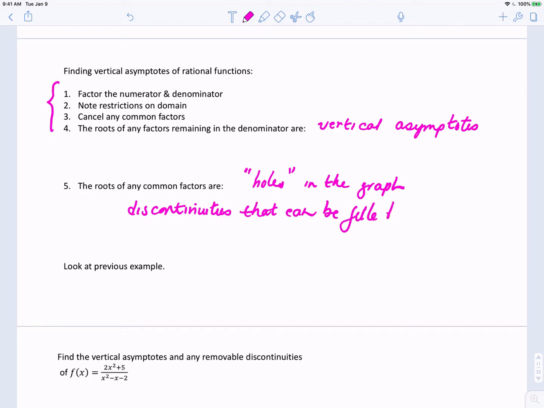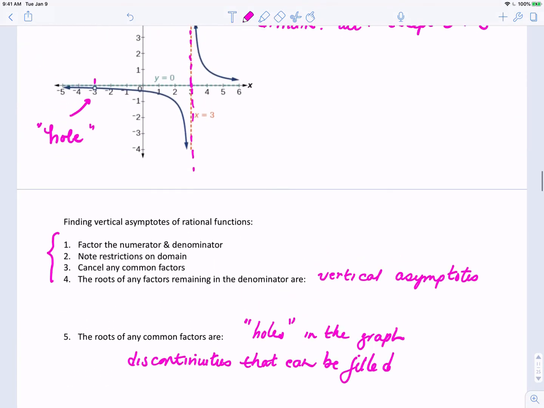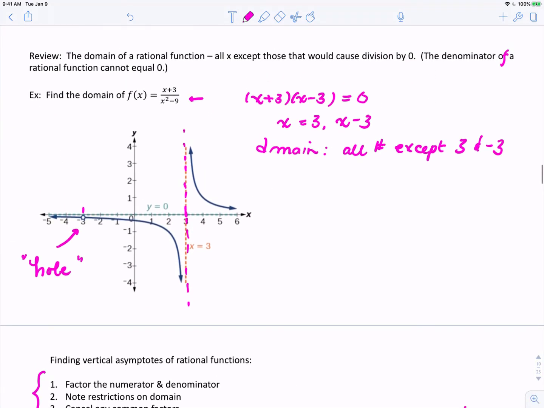So let's look at our previous example to see examples of each one of these things. So this was our previous example. f of x is equal to x plus 3 over x squared minus 9, which I'm going to write as x plus 3 times x minus 3.